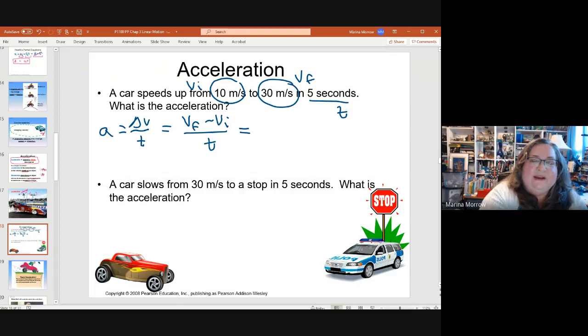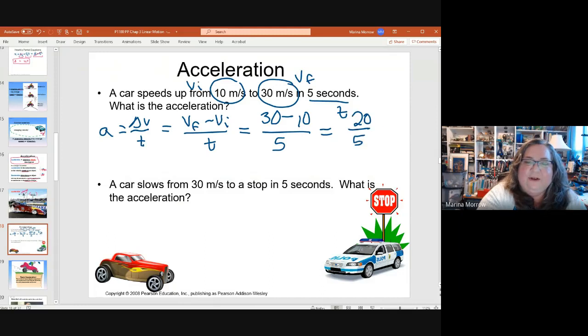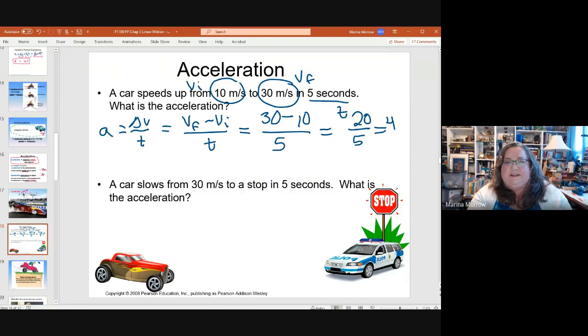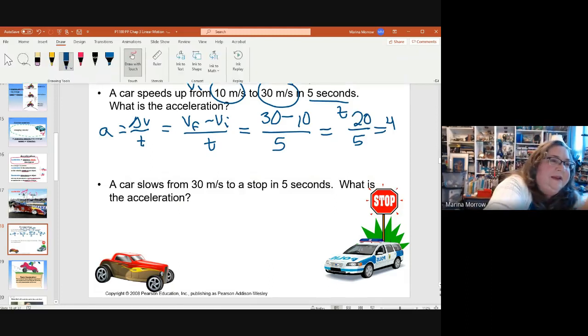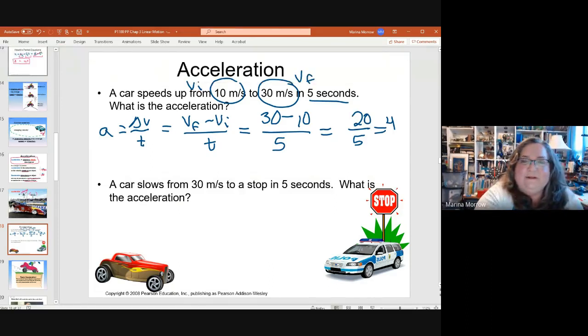And so we know we're going to take 30 meters per second minus 10 meters per second and divide by 5. And so we're going to get 20 divided by 5, which is going to be 4. Now, let's look at the units there. Let me get rid of that T, which is in the way there. Okay. All right.